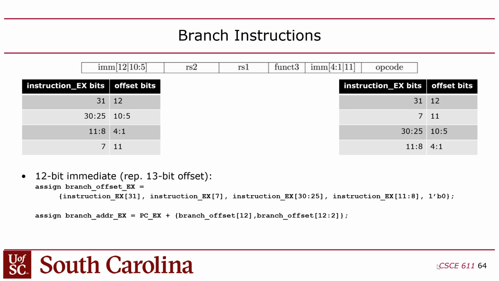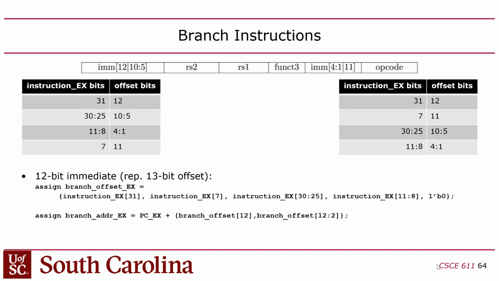So that's confusing, but also the bits are scrambled. I don't know why they did that. It's crazy. But luckily, I figured all this stuff out for you guys, and I'm going to give you the code for it, so you don't have to worry about trying to reassemble this thing. But basically, it's bits 12 down to 1. So bit 12 is up in bit 31 of the instruction. Then you go down and you pick up bit 11 down here in this part of the instruction, which is bit 7.